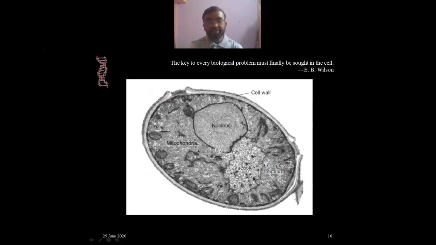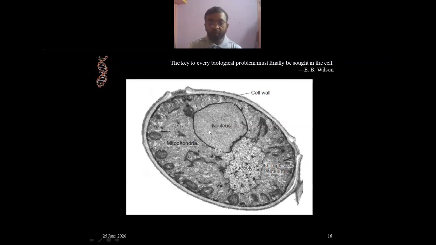As far as the genetics of the eukaryotic system is concerned, we can imagine that the majority of eukaryotic organisms are multicellular, whether these are filamentous fungi, several algae, or plants and animals. These are multicellular, more than one cell. And whenever the organism is multicellular, what happens?